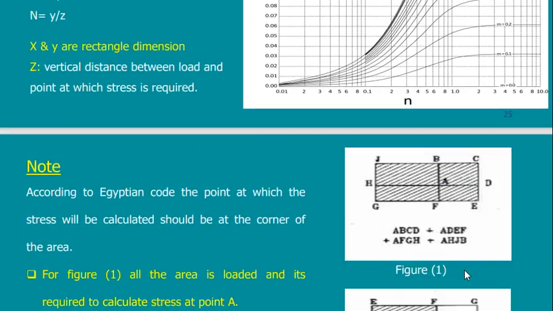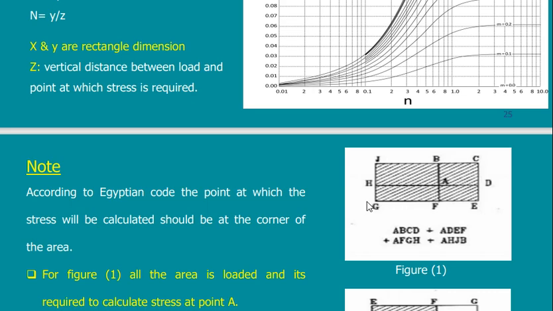How come? Suppose that I have this area, a loaded area, and I want the stress below a point inside. In this case, divide your loaded area into 4 loaded areas using these 2 lines. And you can start calculating the stress at point A due to this loaded area, this one, this one, and this one.